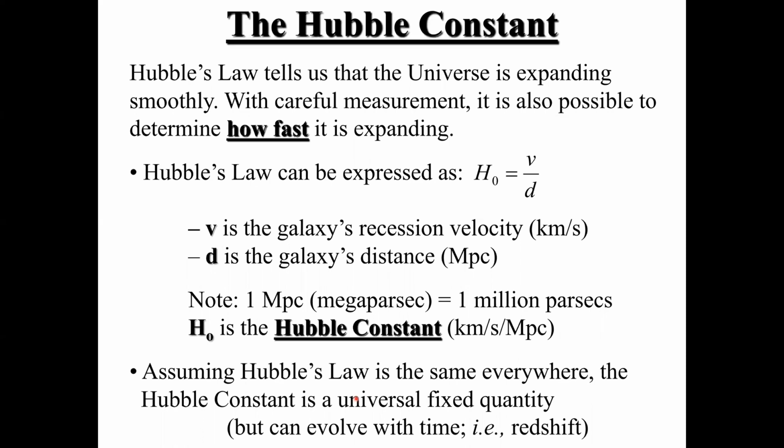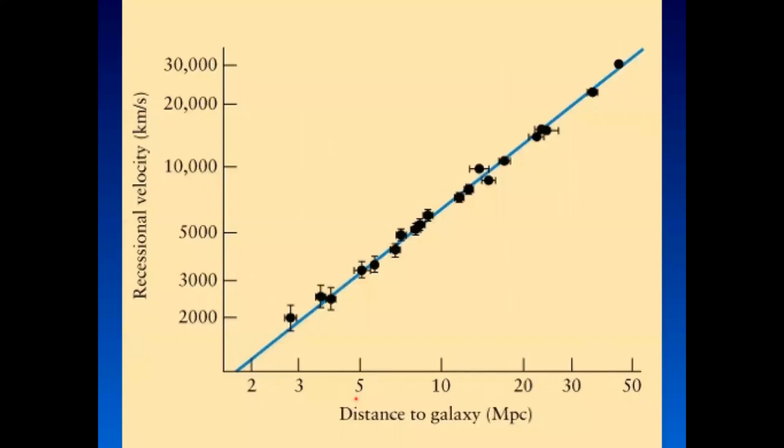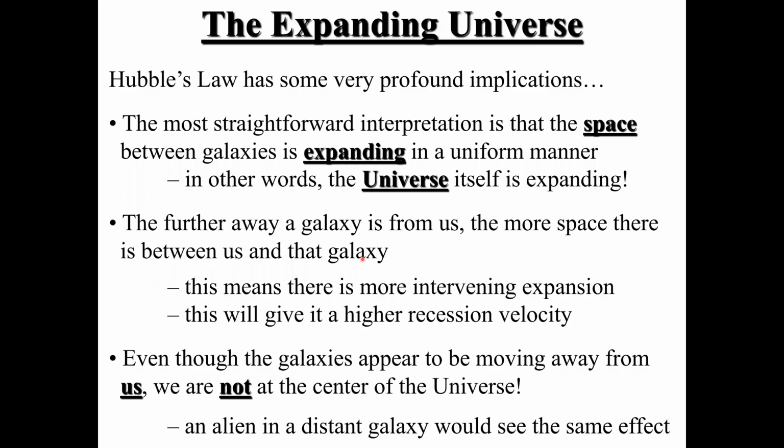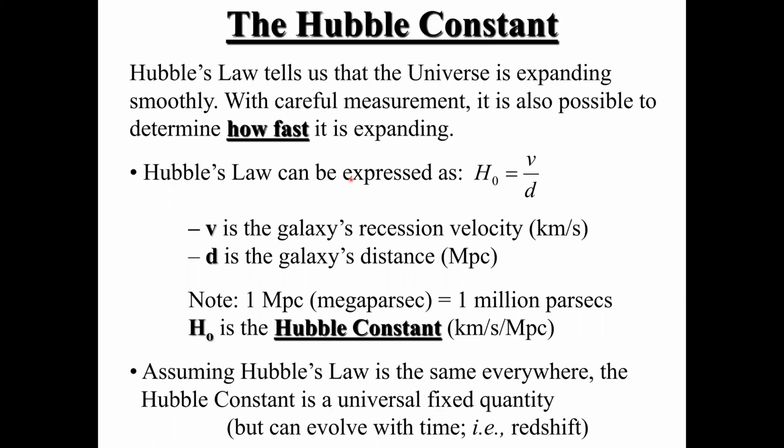Right. And this graph right here that we have, the slope of this graph cannot directly equal the Hubble constant, but it can be related to the Hubble constant or the Hubble law. So let me see. The Hubble law is expressed in this way: H naught equals V over D. V is the galaxy's recessional velocity, and D is the galaxy's distance in terms of megaparsecs.